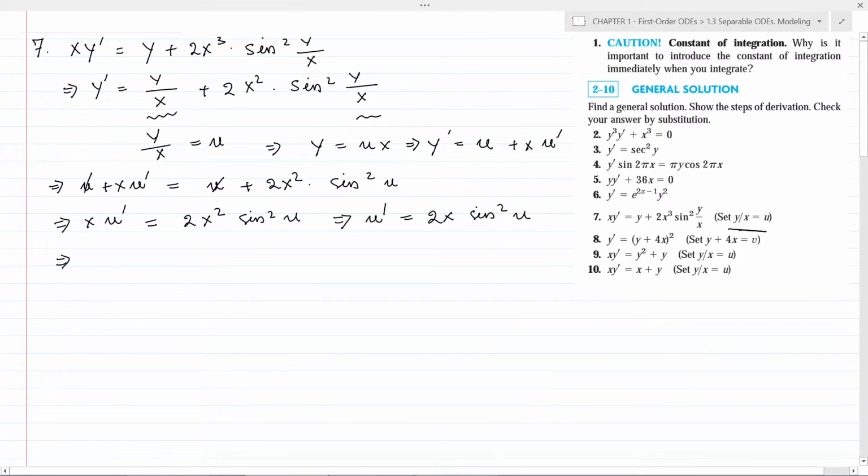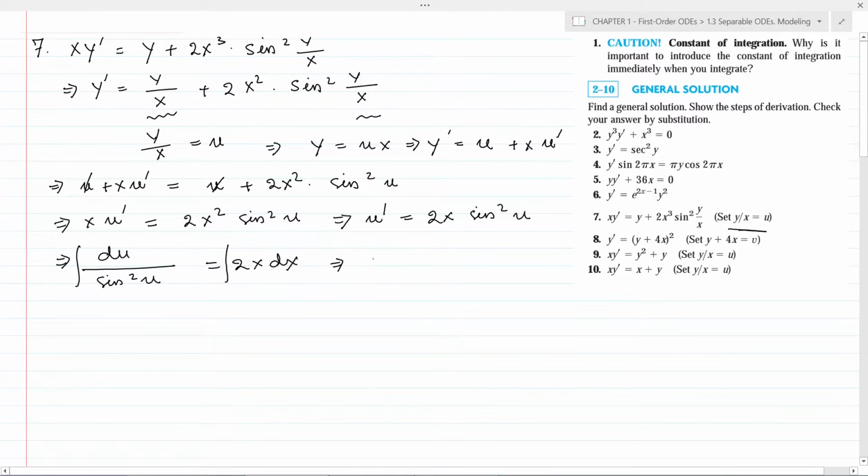This we can write as du divided by sine square u is equal to 2x dx. We took all the u terms to the left side and all the x terms to the right hand side.